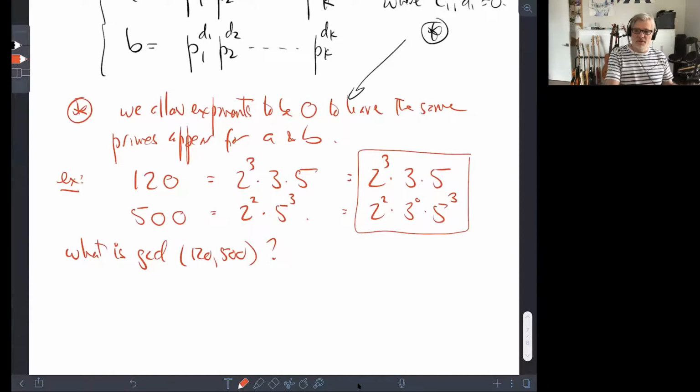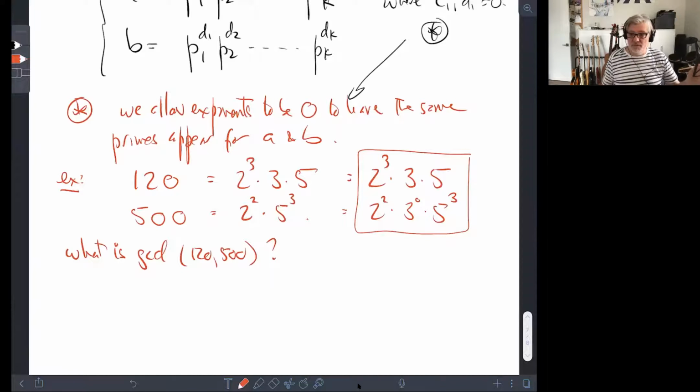We've seen earlier that for the divisors of a number, you look at those primes that appear in the decomposition, and you look at powers which are at most the power in the decomposition. So you can see exactly what the common divisors of these two numbers are. You're going to take 2 to a certain power, 3 to a certain power, and 5 to a certain power.